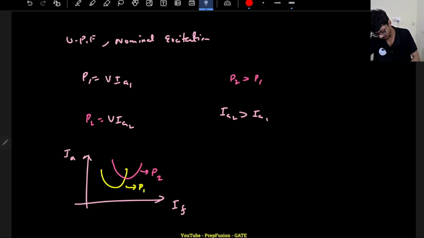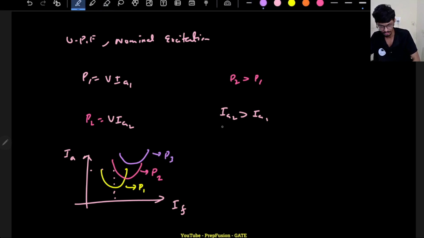Why? Because for the same amount of excitation, I will have to provide more current. So the graph will shift top right. As I increase my power, the graph will just shift top right for the armature current.